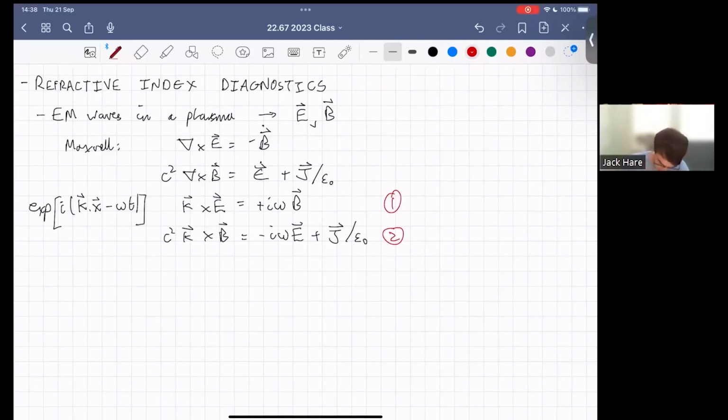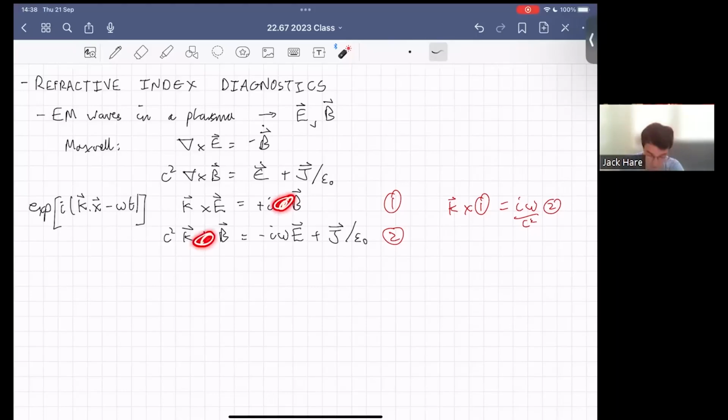We can note that if we do k cross with equation 1, that is equal to i omega upon c squared of equation 2. What we're doing here is looking at this term and noting they both have B, so we can probably make them look the same. Then we can do this calculation and equate the two sides of the equation.